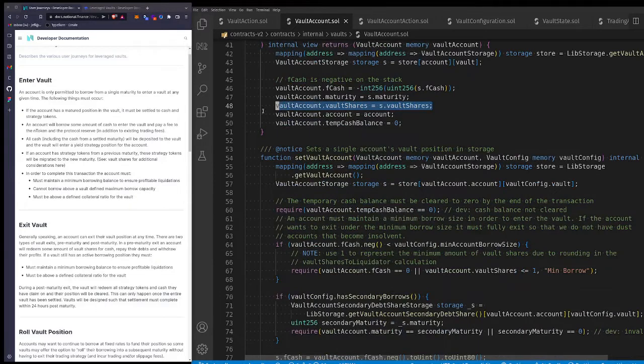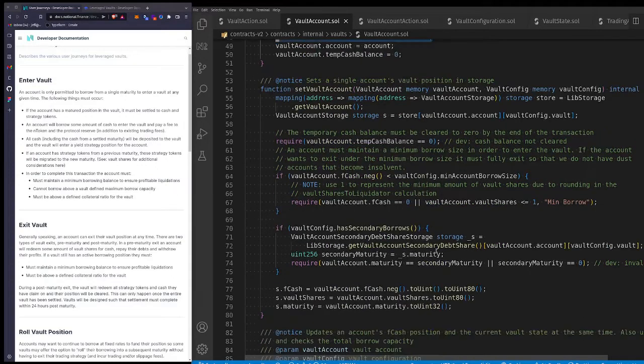We also have the account's address set here, and then we have a variable called temp cash balance. And temp cash balance is used to accumulate different cash amounts as we go through a transaction. And so that will always have to be cleared by the time we set the vault account in storage. So that requirement is here. When we set vault accounts, we ensure that they must either have sufficient minimum borrow size or have a dust amount of vault shares and no fCash.